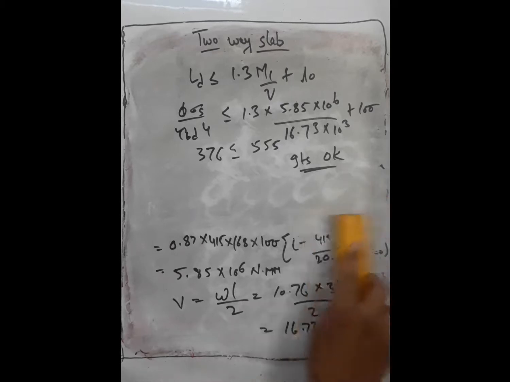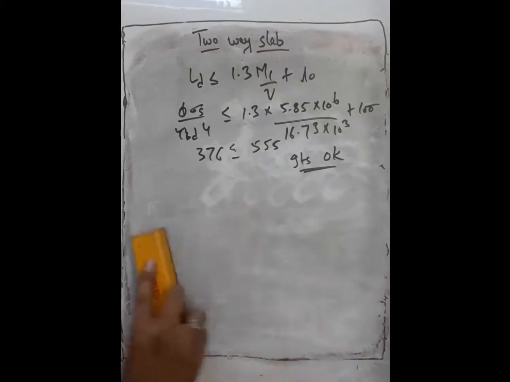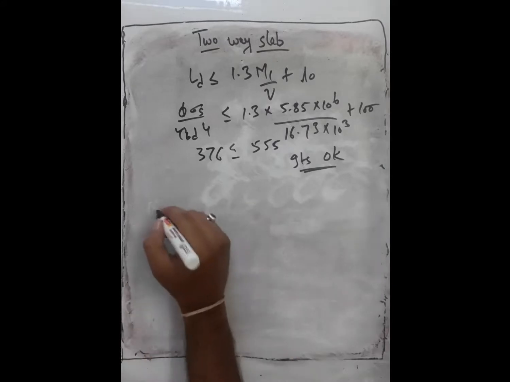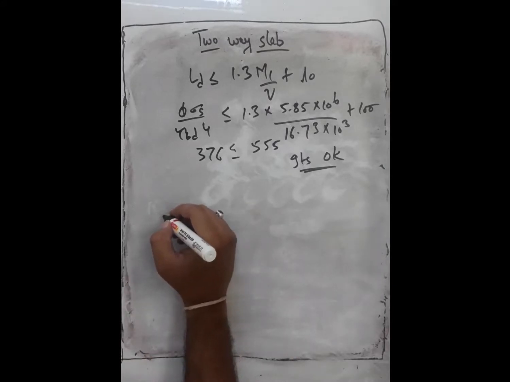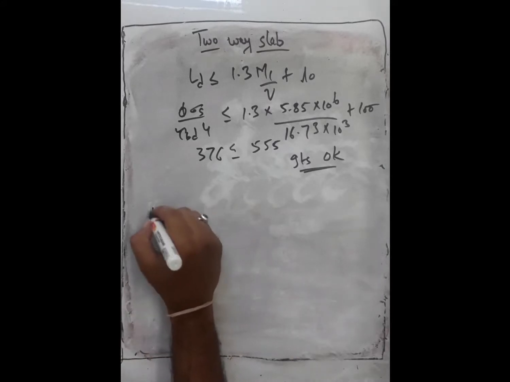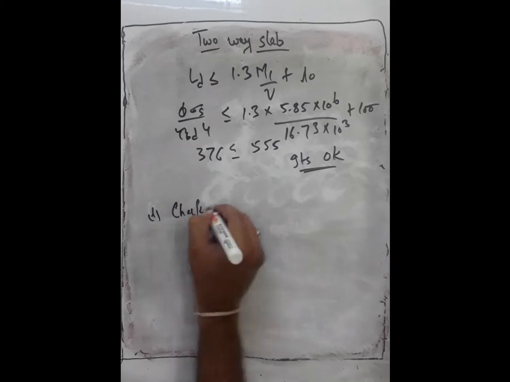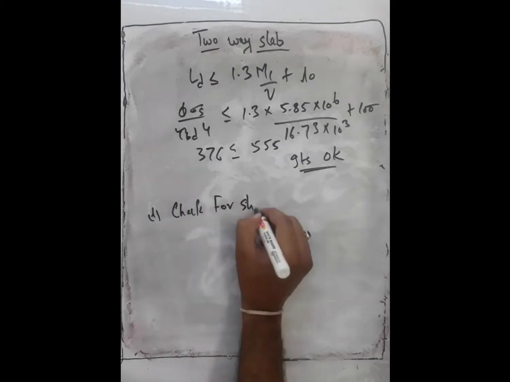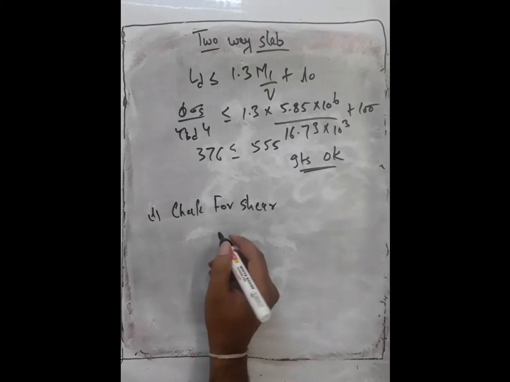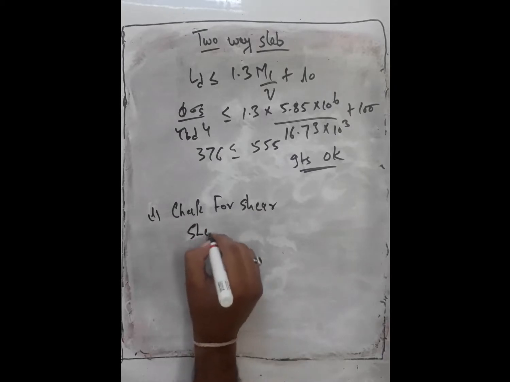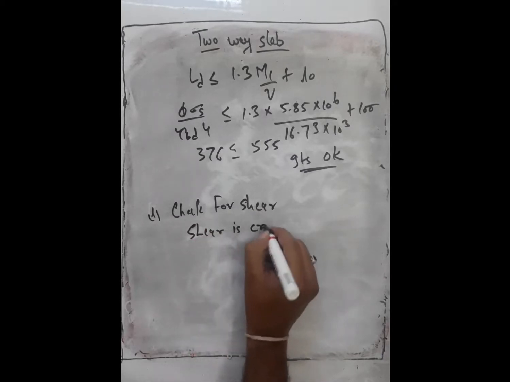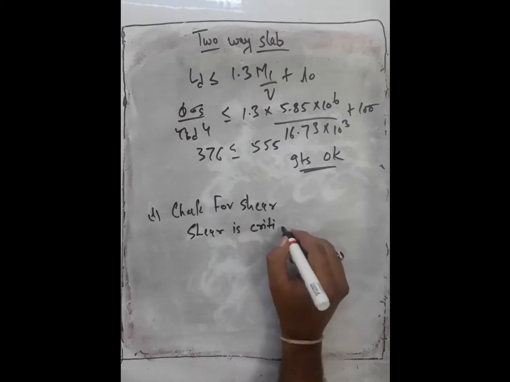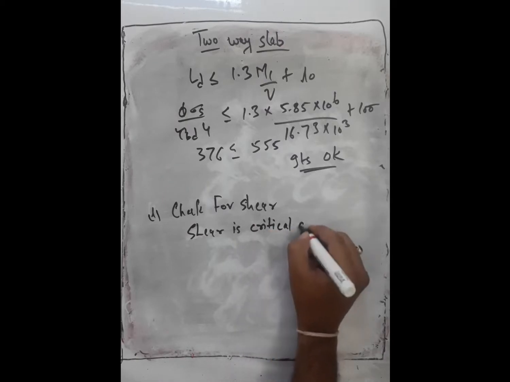Now we have to check for shear. Last we have to do the check for shear. So the check for shear is critical along the long span.